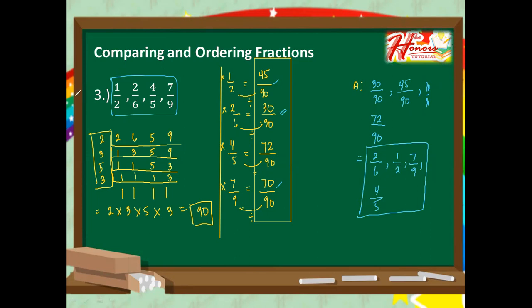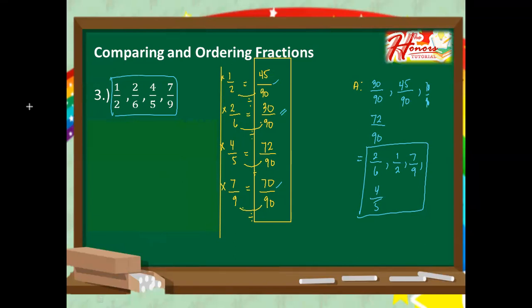Now, if we are going to have the descending order, this is what it will look like. So the greatest is 72, so that is 4/5.